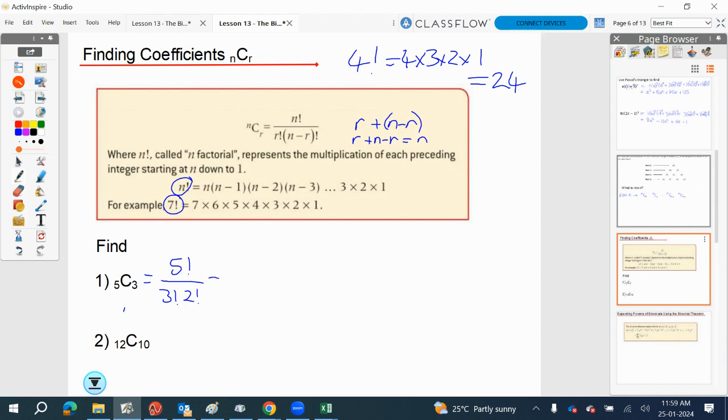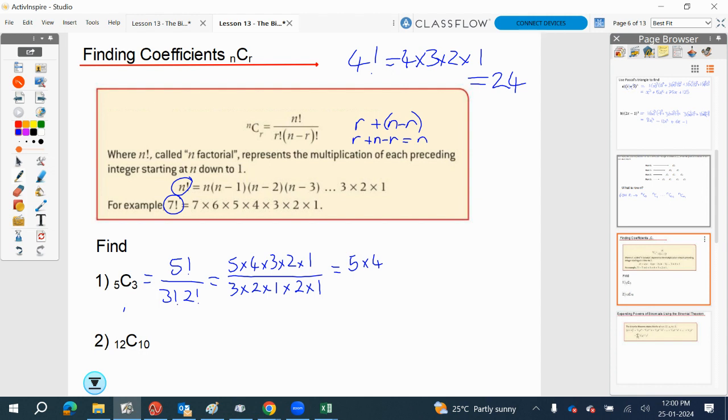We can expand this into being 5 times 4 times 3 times 2 times 1 over 3 times 2 times 1 times 2 times 1. Doesn't half the stuff cancel out? Yeah. So we don't have to expand it the whole way like that. What do we have to multiply 5 times 4 by in order to get 5 factorial?